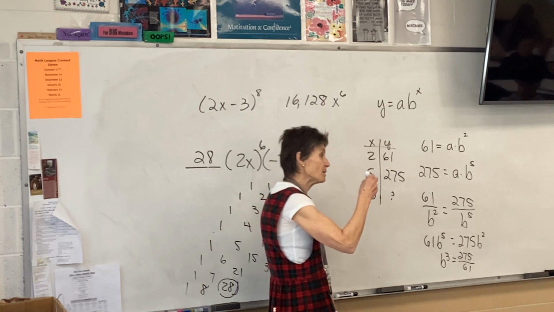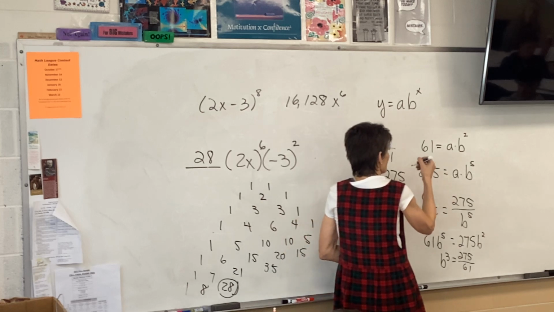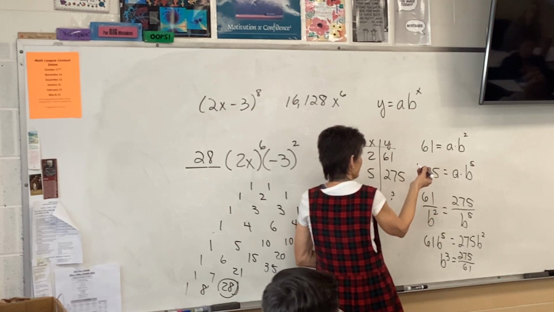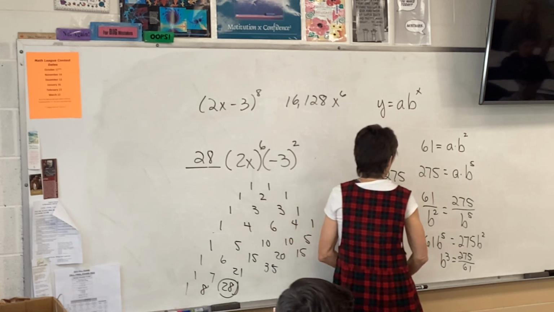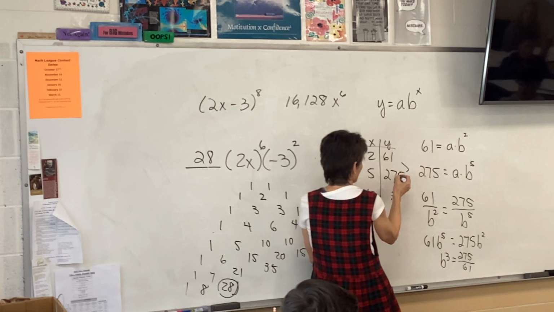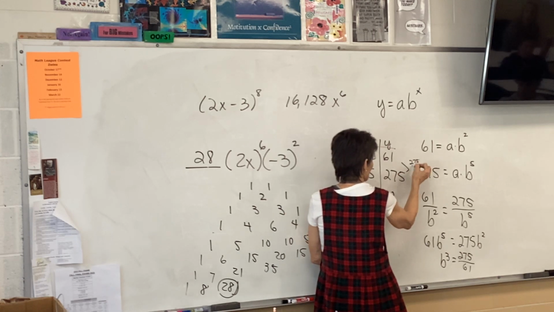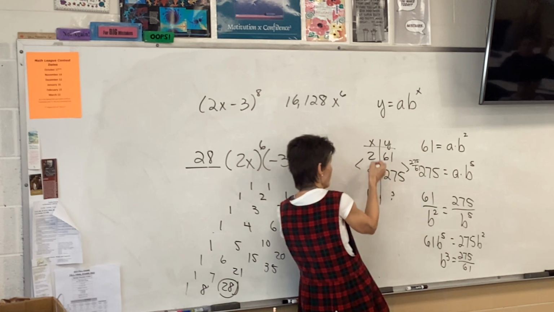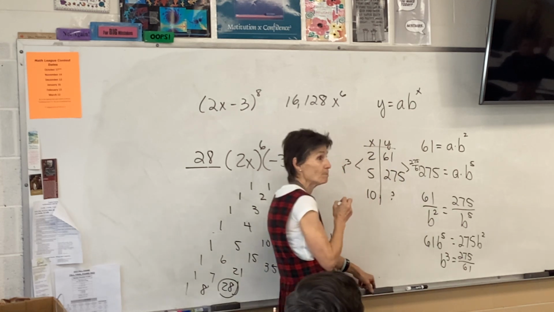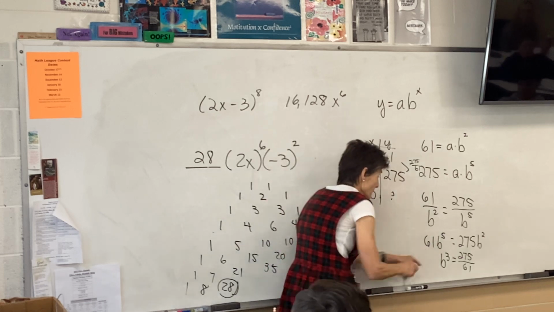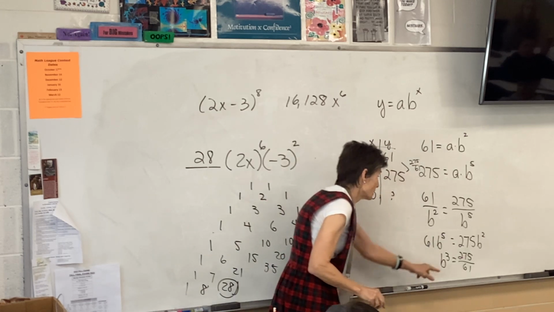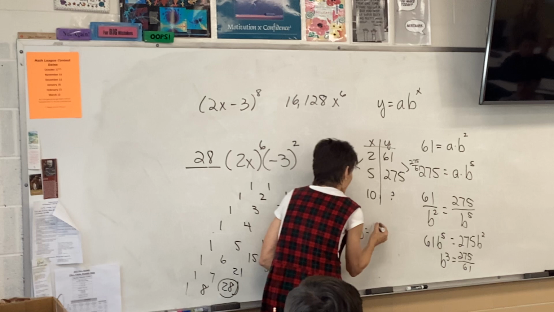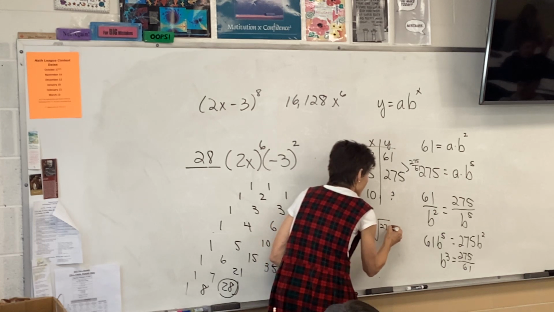When we did geometric sequences, you guys often did this. You did 275 over 61, and that was 3 multiplications, so you said r cubed, and it ended up exactly the same. So then we can cube root that, and that's my b.